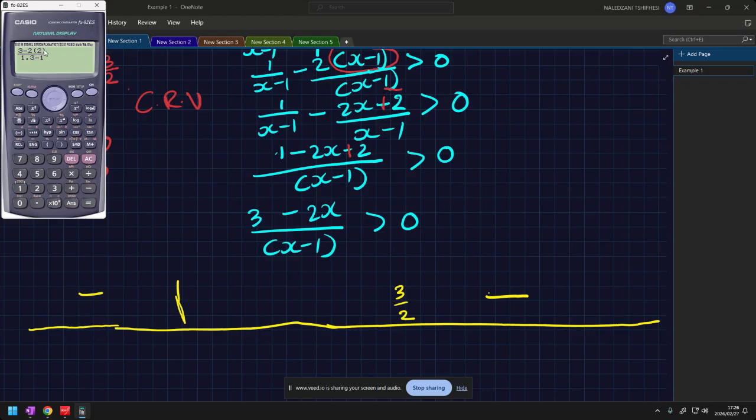Let's place 1.3 because it's in between that side. It's going to give us 4 over 3, which is going to give us positive, right? Okay, let's place 3 over 2.